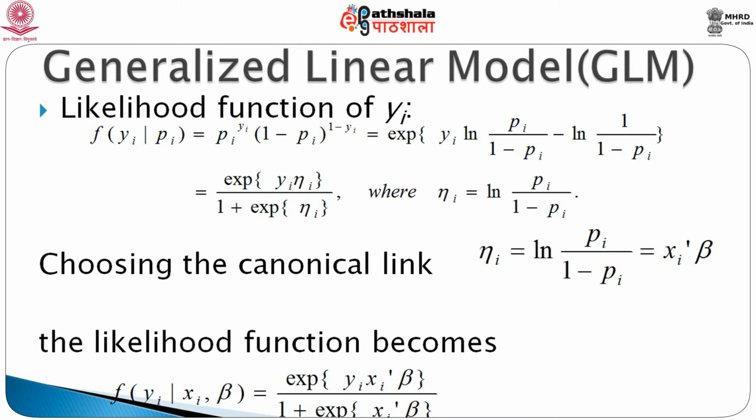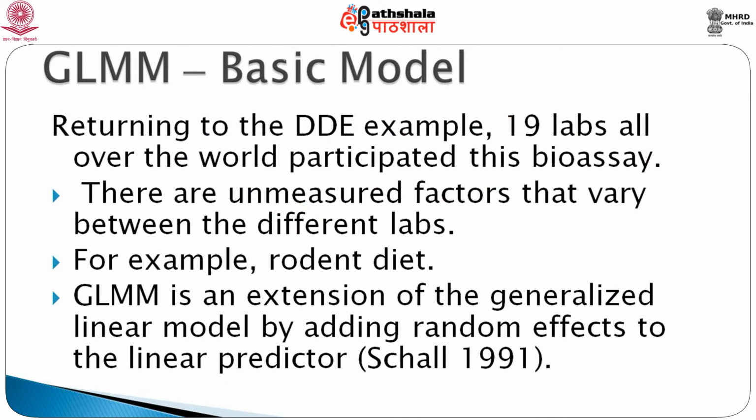Now, extending this idea of a generalized linear model to the generalized linear mixed model, what you can see in the DDE example is that lab to lab variations are there. If the experiment is being done in several places in the country or in different countries, there is a variation in the laboratory environment.